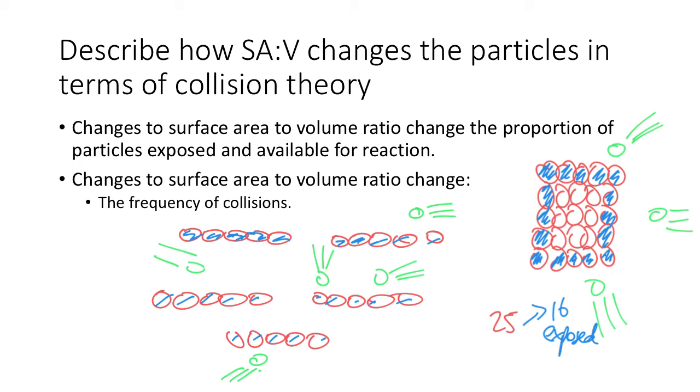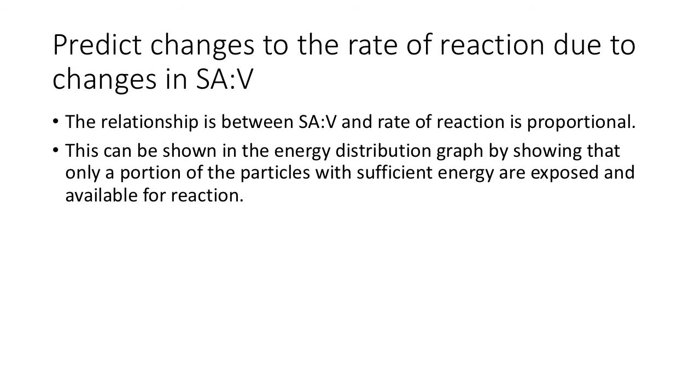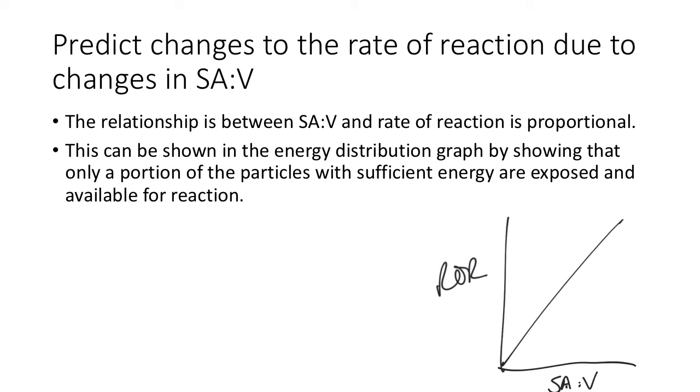So you are changing the frequency of collisions, and thus the frequency of successful collisions, by exposing more or fewer particles. Can you predict the changes to rate of reaction due to the surface area to volume ratio? The relationship is proportional. As the surface area to volume ratio goes up, so higher ratios mean smaller, skinnier things, the rate of reaction will also go up. That's nice and easy.